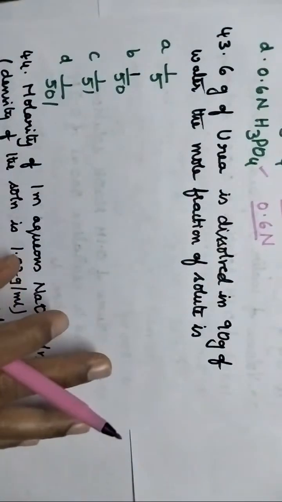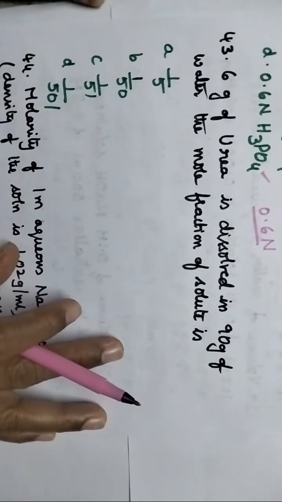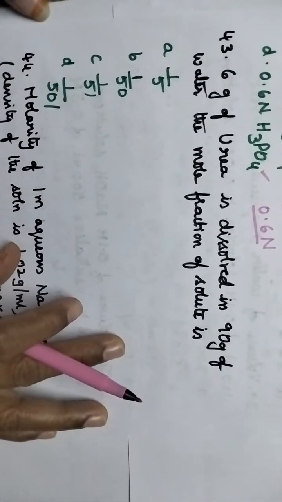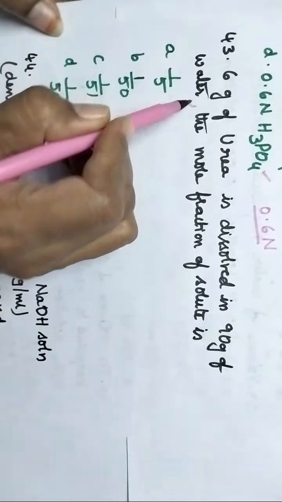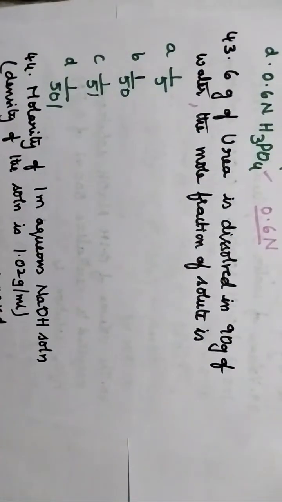Next one. 6 gram of urea is dissolved in 90 gram of water. You have to calculate the mole fraction of the solute.